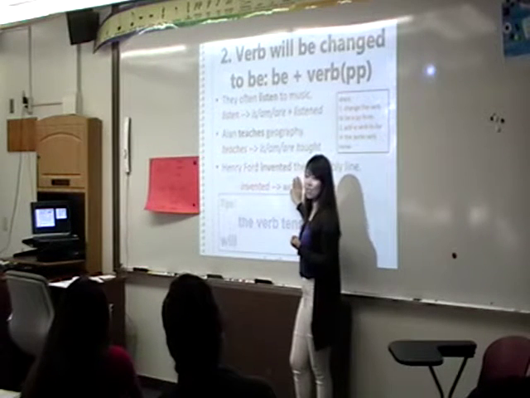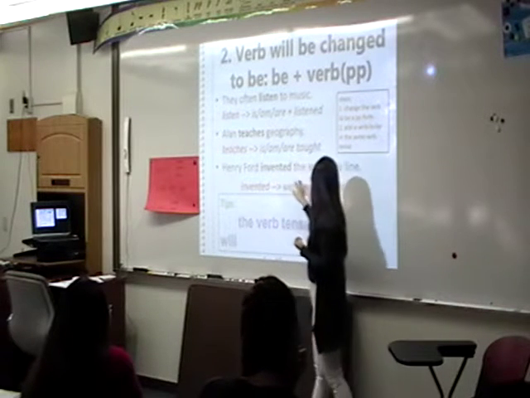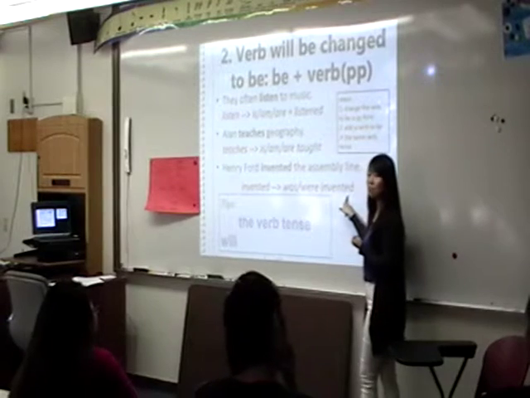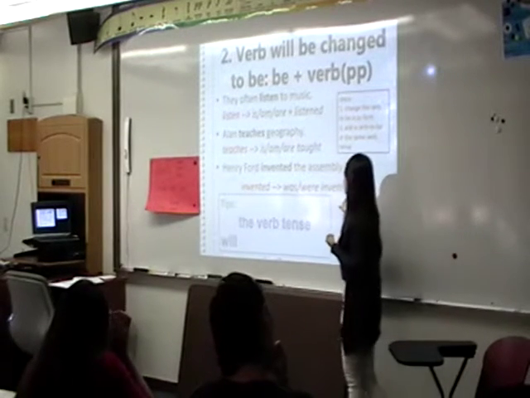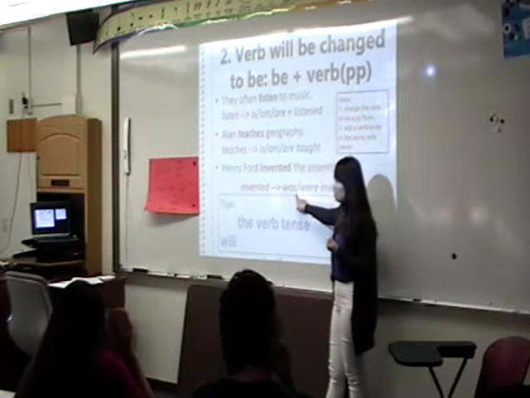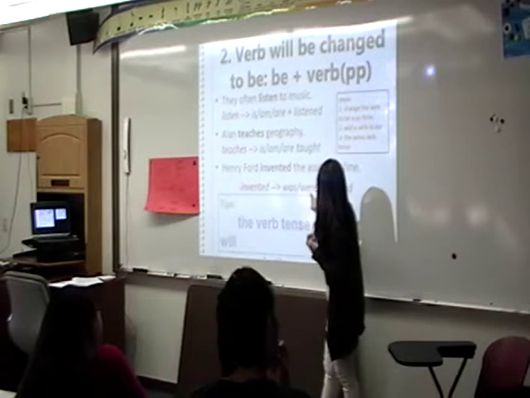So this is not present tense, so we need to pay attention to it. For the verb, we need to change it to be past participle, and because this is past tense, the verb to be will change to was and verb. Very good.